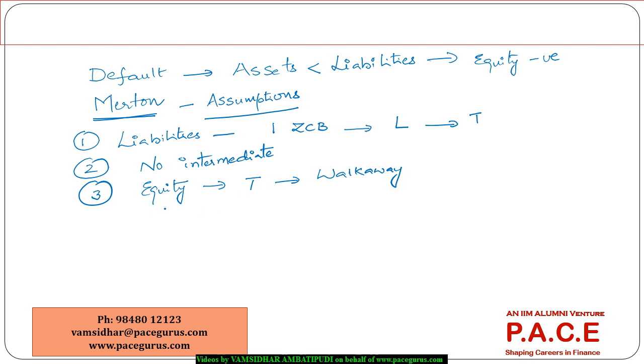So the probability of default is the probability that the value of the assets at time T is lesser than the value of the liabilities. Not anywhere in the middle. Only at time T, the maturity of this debt, if the value of the assets falls below the value of the liability, we say the firm has gone into default.